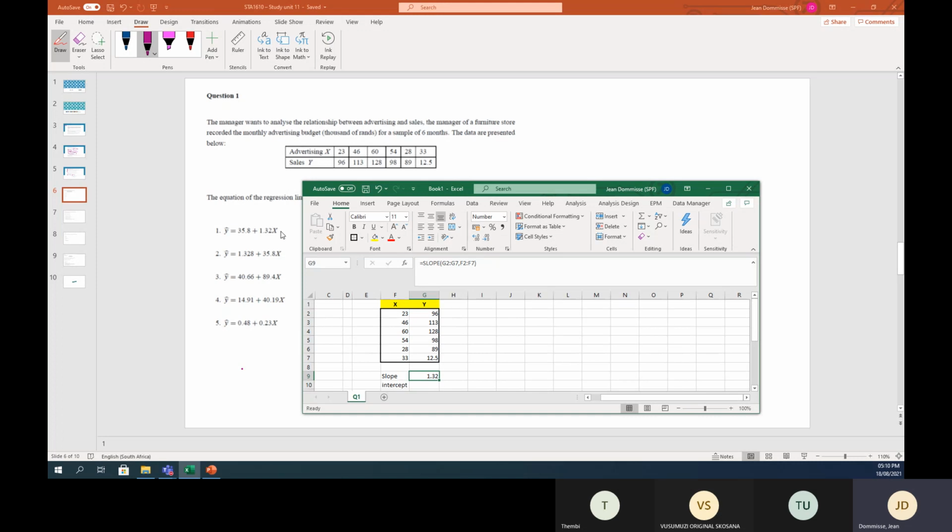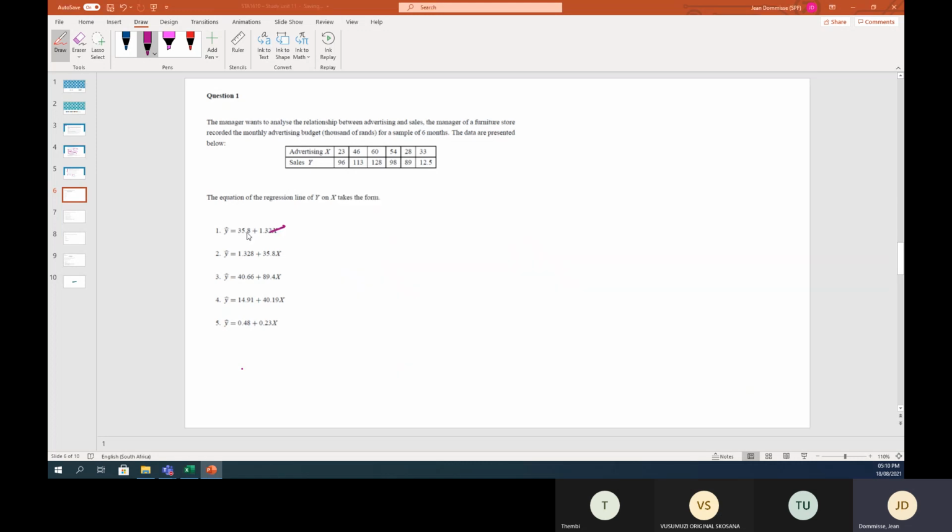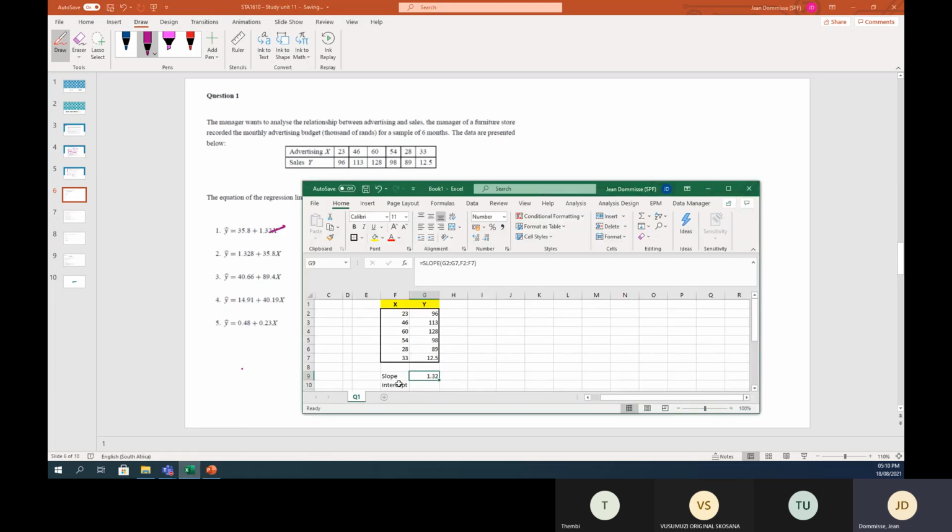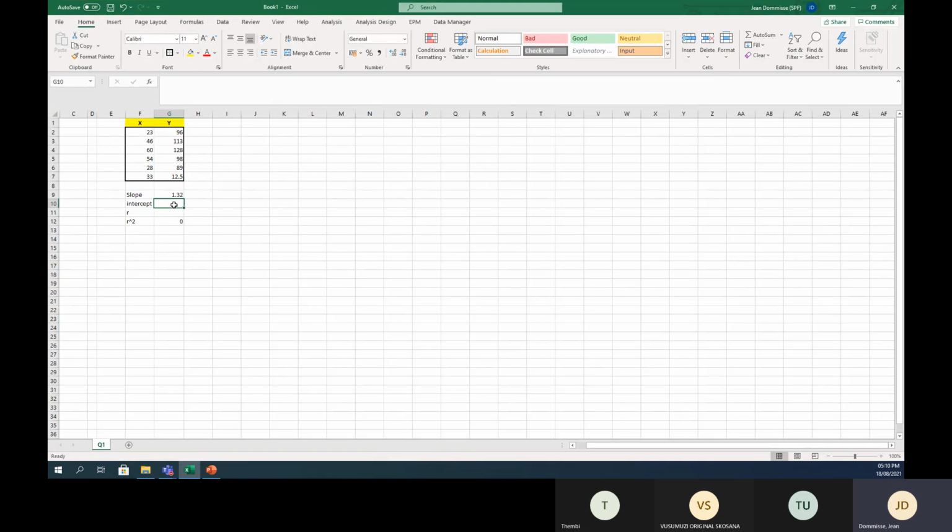The slope is always with the x. So we know it's 1.32. So we actually now know already that option 1 is the correct one. But let's complete the rest.